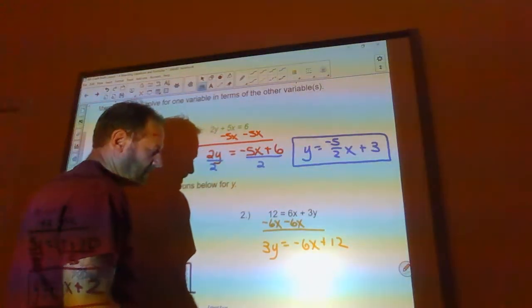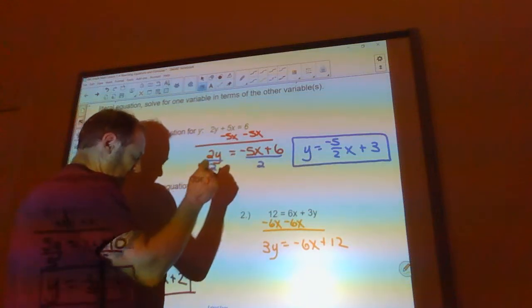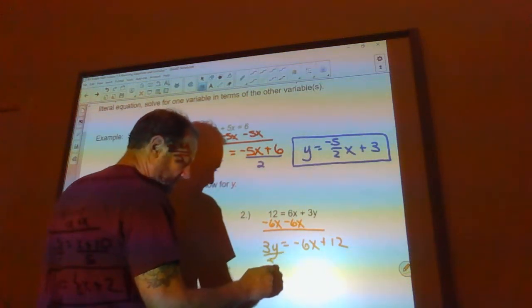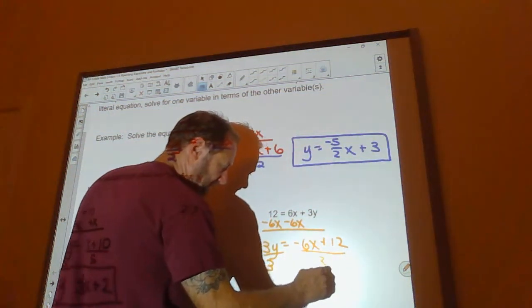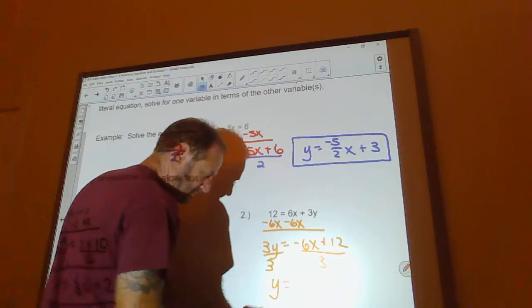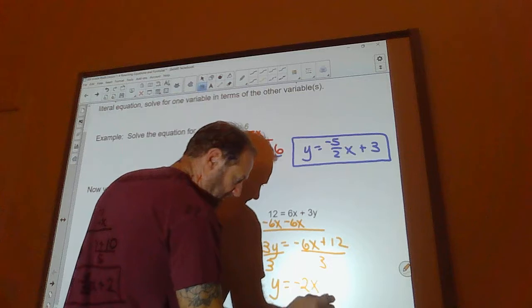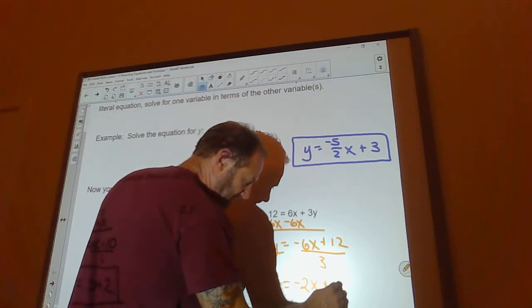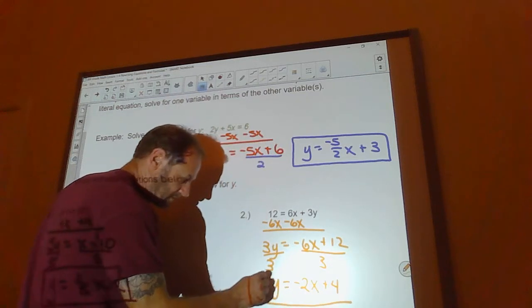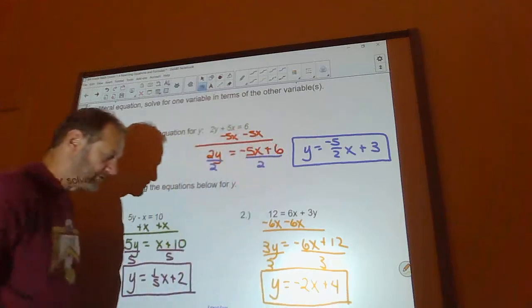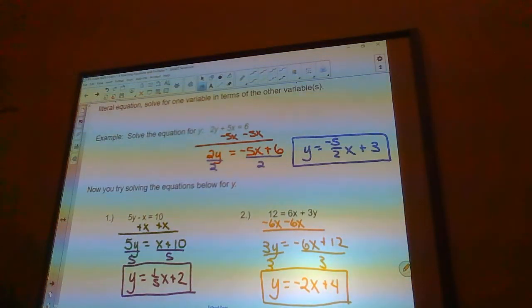So now I'm going to divide by 3 to get the y by itself. So negative 6 divided by 3 is negative 2x, and then 12 divided by 3 is 4. Negative 2x plus 4. Okay, hopefully you got both of those.